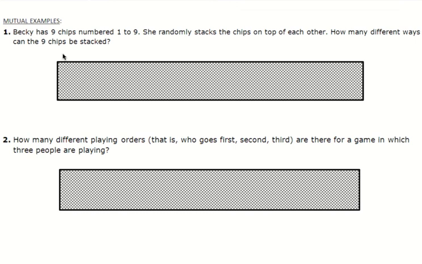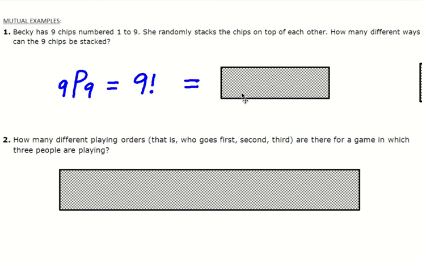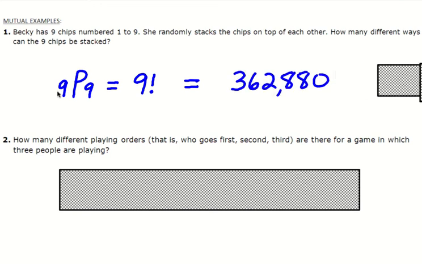Becky, that's not a Falk as far as I know. Becky has 9 stacks. How many different ways can the 9 chips be stacked? Sounds to me like order matters. So 9P9. Or you could do 9 times 8 times 7.